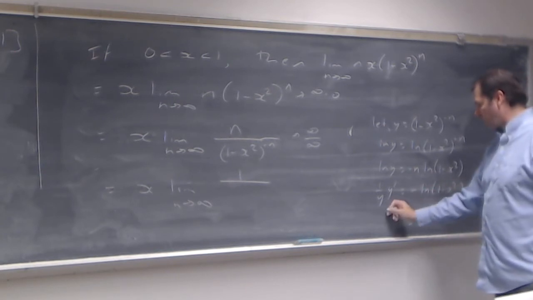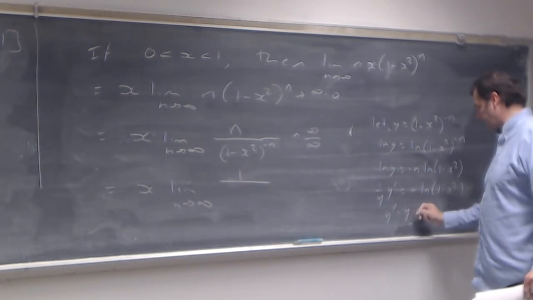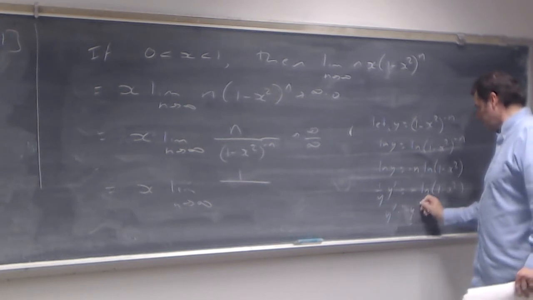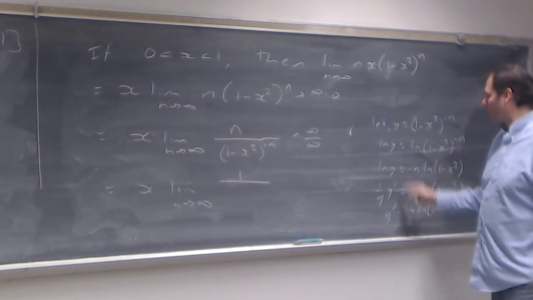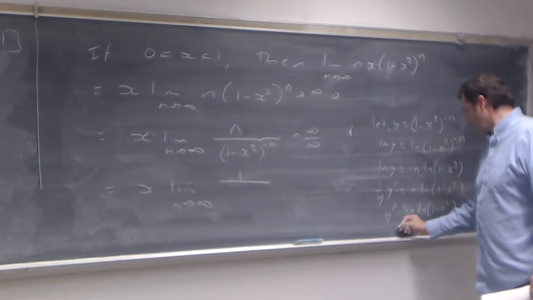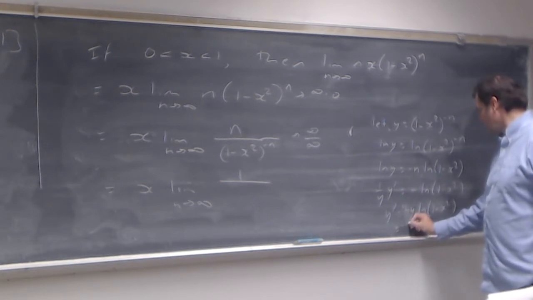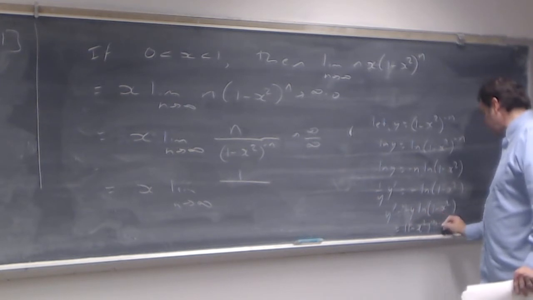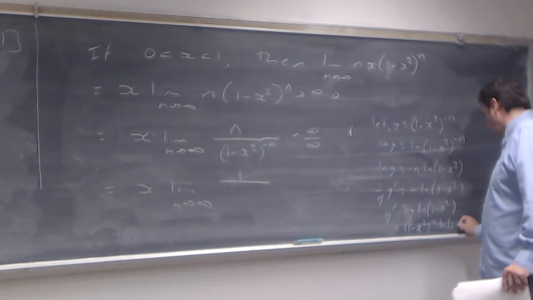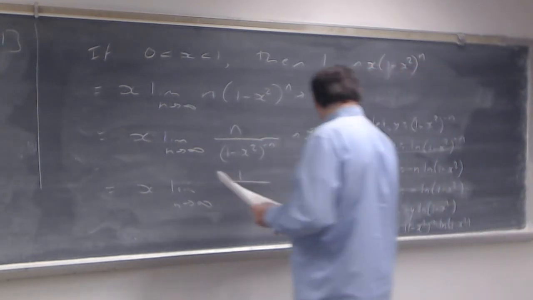Then solve for y prime: I multiply both sides by y, so I get minus y times ln of (1 minus x squared), and remember the y is this guy, so here's the derivative. Again, I guess I am showing it to you: minus n ln of (1 minus x squared).